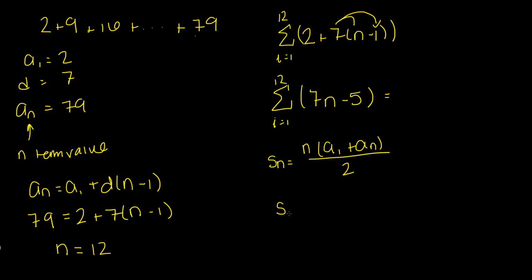And this works for arithmetic series. So S12 is equal to 12, because that's the number of terms we have, times a1, which is 2, plus 79, divided by 2, and this is equal to 486.